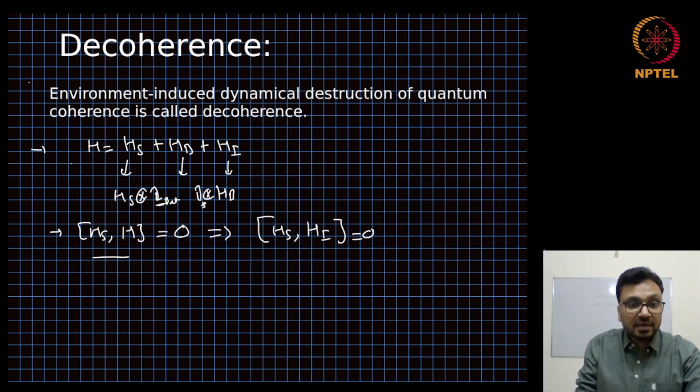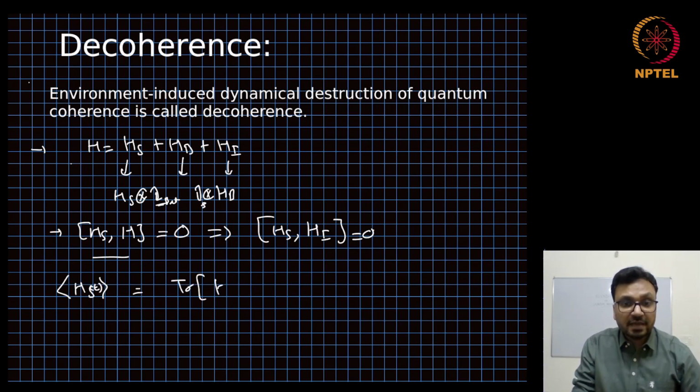Now, if we calculate the expectation value of the Hamiltonian, that will be the average energy of the system at time t, that will be trace of Hs, the time independent Hamiltonian, and rho s at time t. This can also be written as trace of Hs times rho of the total system at time t.